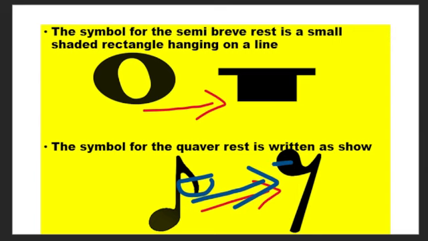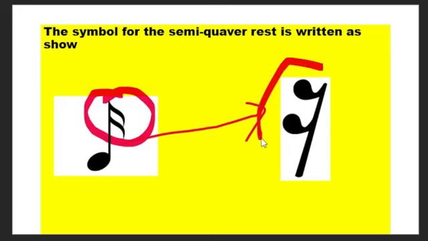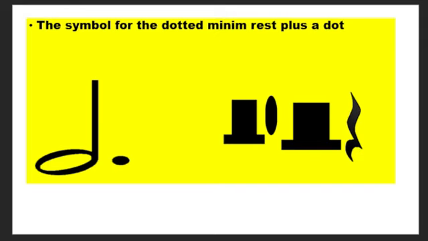But when I come back to this, you can see here it has two flags. Then again here, when you look at this, it's a kind of two flags again that represents what it has. Another is for the dotted minim.